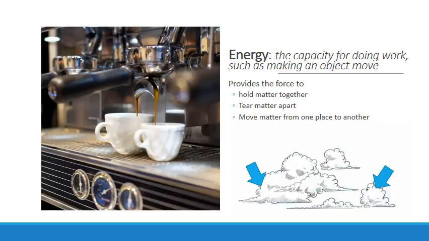Energy can be thought of simply as the ability to do work, such as making an object move. For example, when your body processes the food you consume, it converts potential energy in the chemical bonds of your food into thermal energy. Your metabolism determines the amount of work required for digesting, absorbing, transporting, and storing the food you consume.